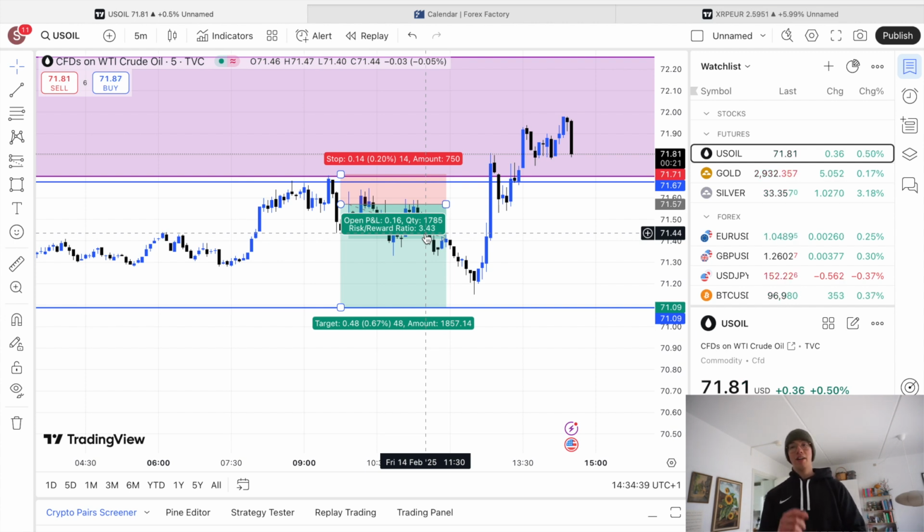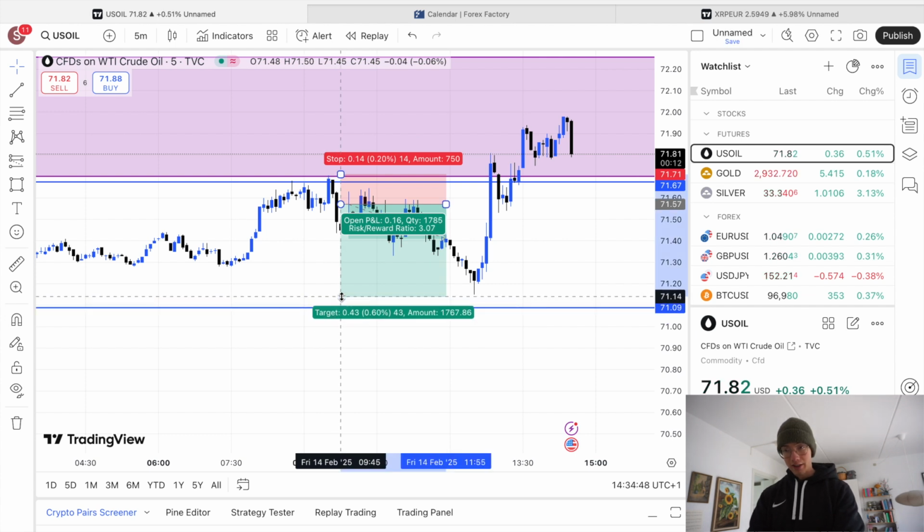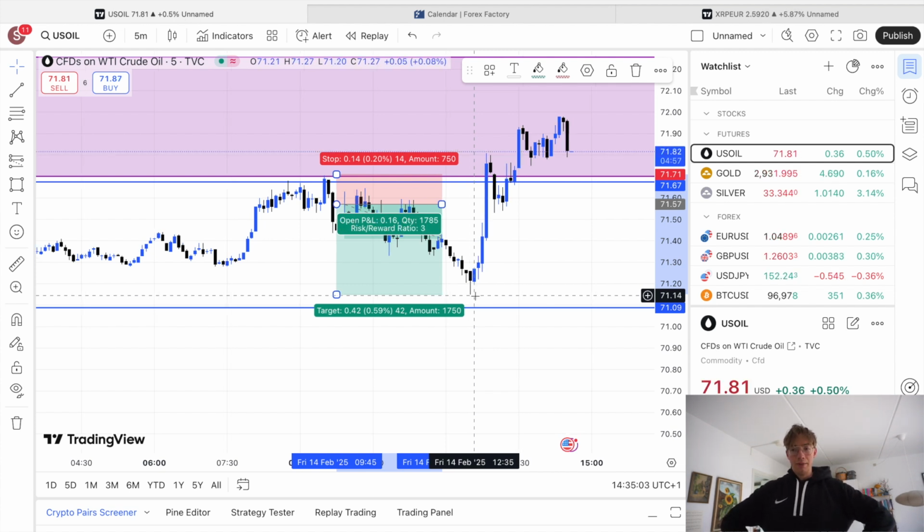So I think going onward I will not go beyond 3, because if I had gone for 3, then we would have hit take profit. So note to myself, oh shit, risk reward ratio should be maximum 3.